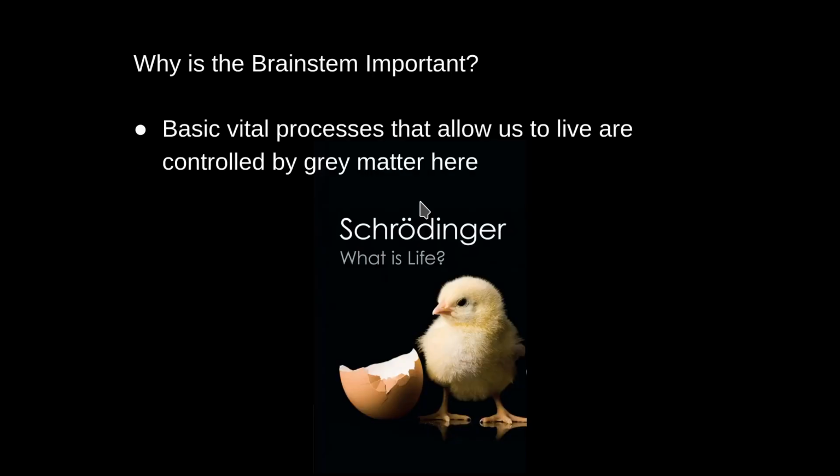But why is it so important? The brainstem is the connection between your cerebral hemispheres and the spinal cord to the rest of your body. And almost all animals possess a brainstem because the basic life processes are inside here.